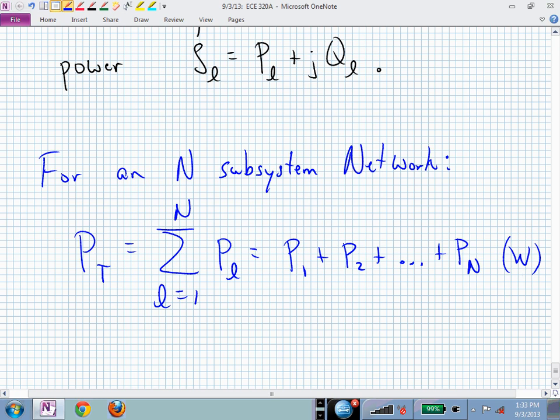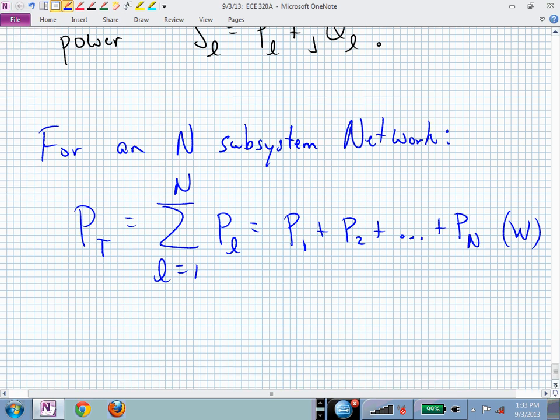Units haven't changed, that's still in watts. Likewise for the reactive power. The total reactive power is this sum from 1 to capital N on the subsystem's reactive piece.